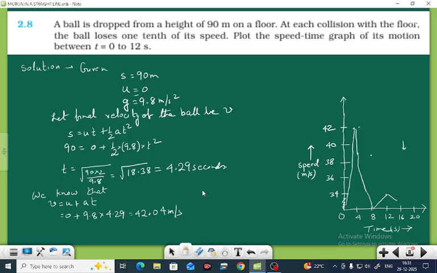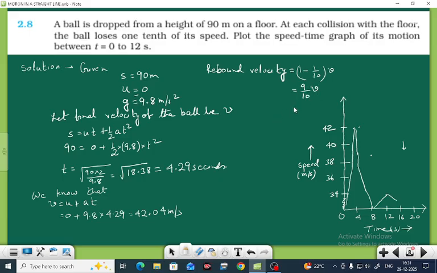Now the rebound velocity of the ball. At collision with the floor, the ball loses 1/10 of its speed. Therefore the rebound velocity is 1 minus 1/10 of v, that is 9 by 10 v.